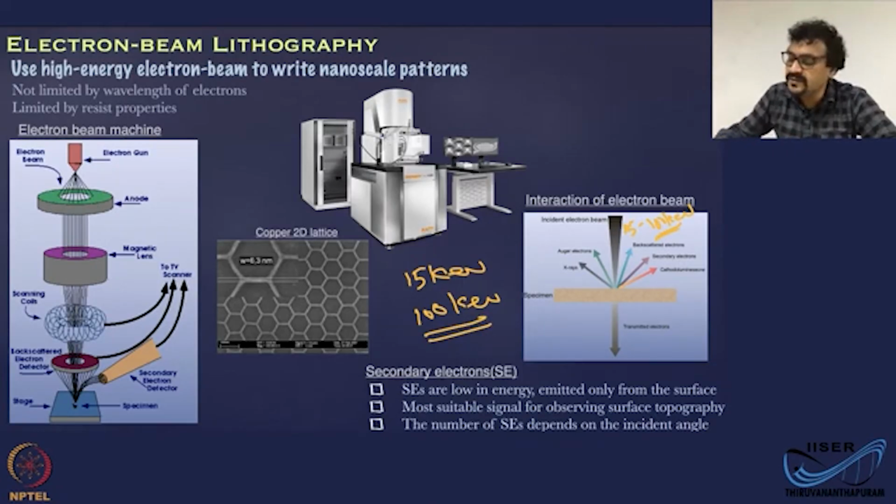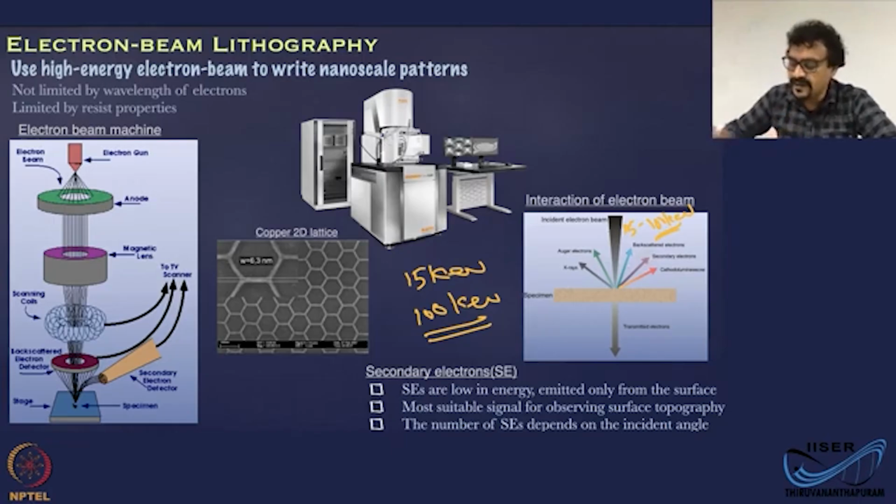Okay. So when such a high energy electron beam falls on the substrate, you are going to have a few different effects. You can have these electrons backscattered. You can have secondary electrons produced from the primary beam. And there are other effects such as cathodoluminescence, Auger electrons, and X-rays, which are not really relevant for our discussion on lithography here. Okay. So lithography mostly happens with the secondary electrons.